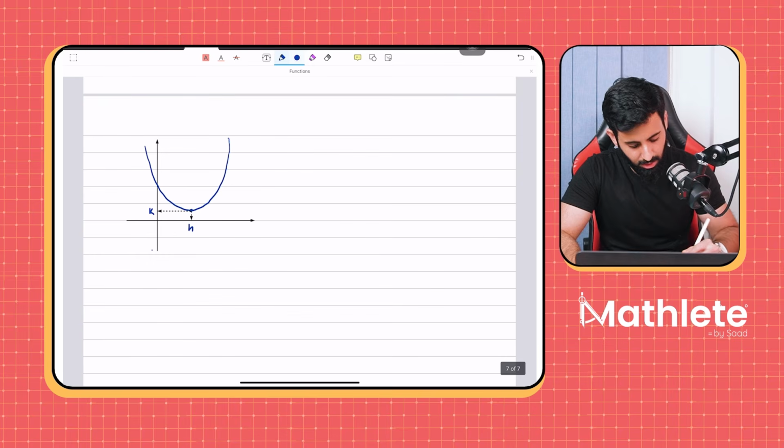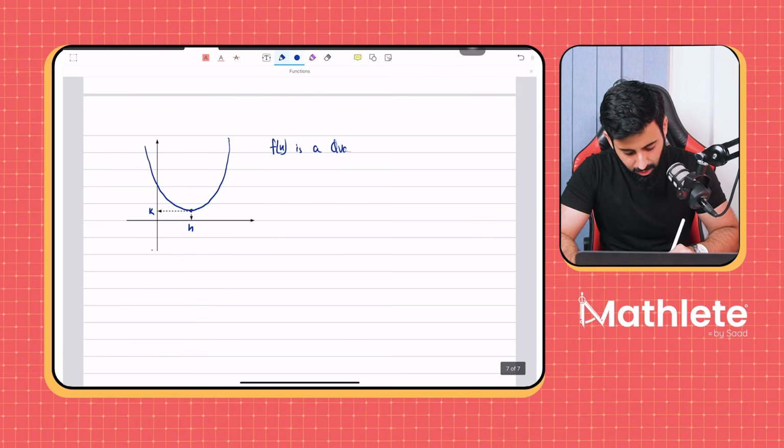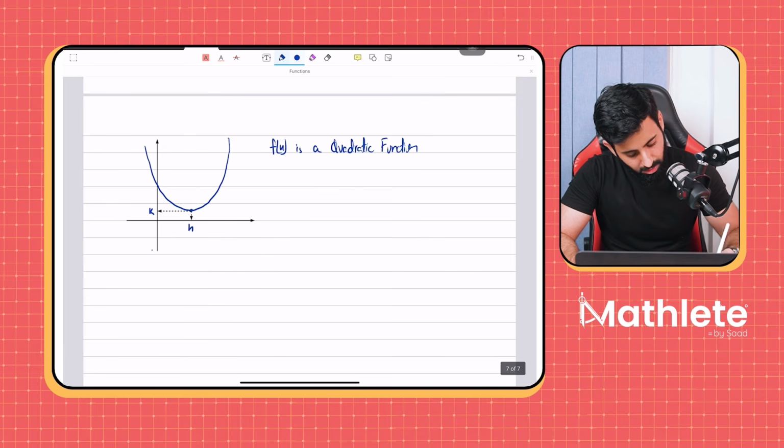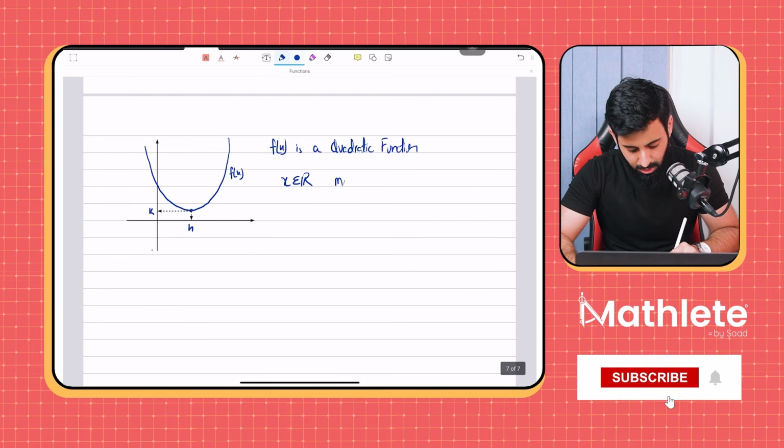I'll scroll up. So f of x is a quadratic function. Now, if the domain is such that x belongs to the set of all real values, that means it's a many-to-one function.